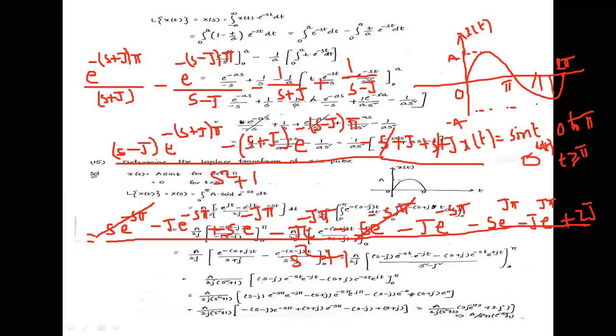J into e power minus s, and here the minus j into e power minus j pi.